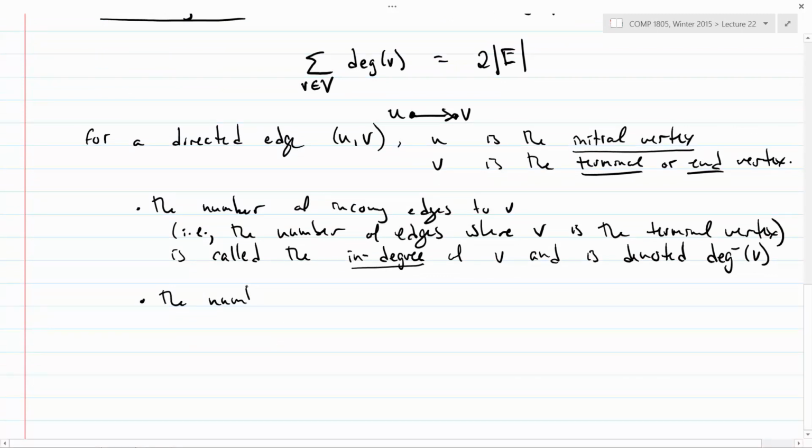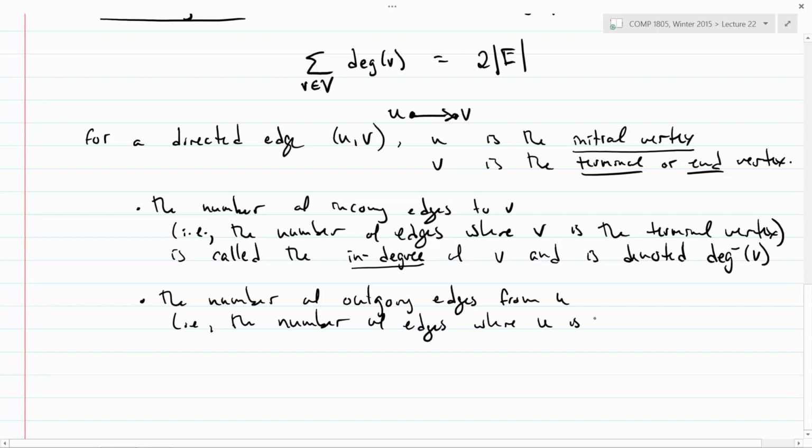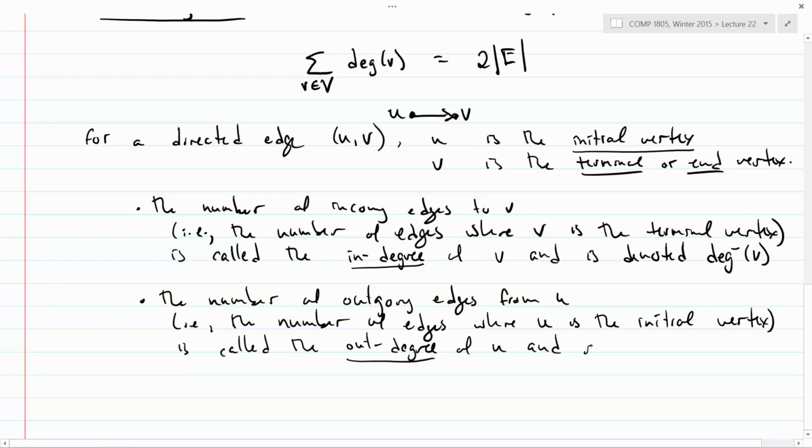So the number of outgoing edges from U, which is really just the number of edges where U is the initial vertex, is called the out degree of U, and is denoted deg plus of U. So minus is for incoming, plus is for outgoing.